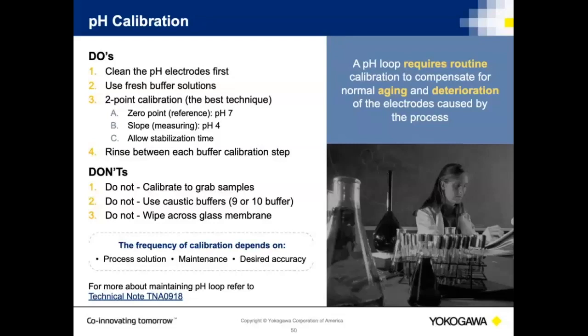I must let the probe settle down. So that 180 degrees F, I'm sorry, I said C before, I basically need to let the probe's temperature settle down to the temperature of the buffer solution. Otherwise, I will be chasing my calibration.